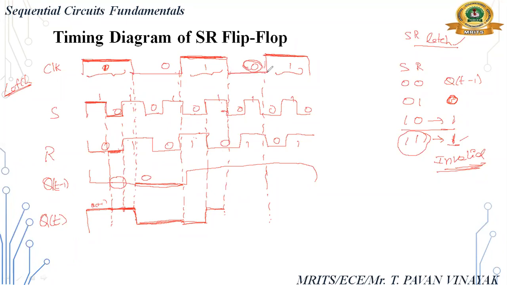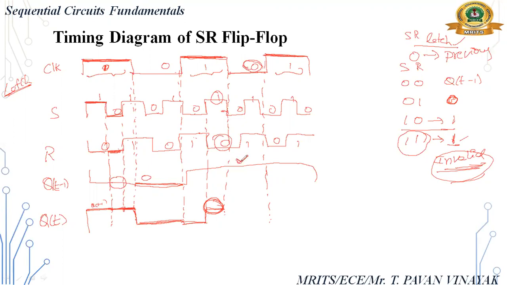Clock signal is 0. Whenever clock signal is 0, previous state. What is the previous state here? Previous state is 1 and 0. So we can use this one now. Whenever invalid state occurs, you have to select Q of T minus 1 from this line.